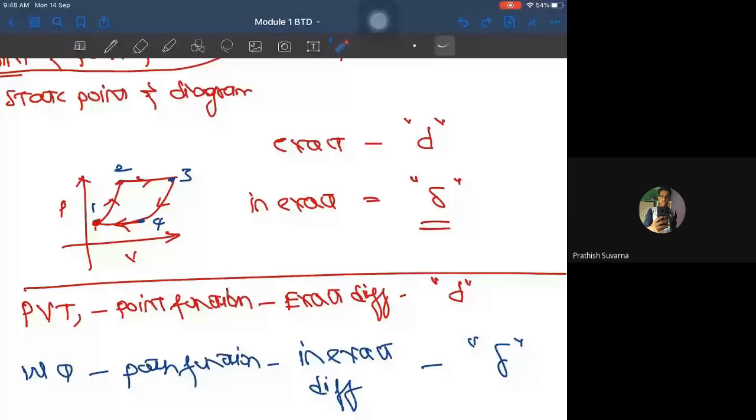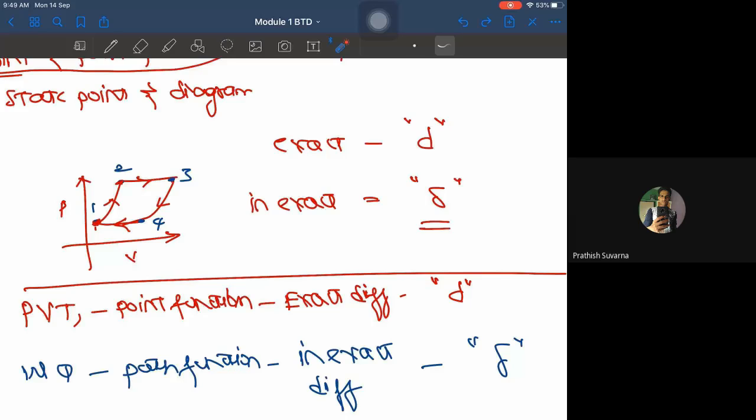We can't write the difference between the two states. The change cannot be calculated as the difference between the two states. That's great. So which functions are exact differentials, the point functions or path functions? Point functions are exact differentials. Which functions are inexact differentials? Path functions are inexact differentials.